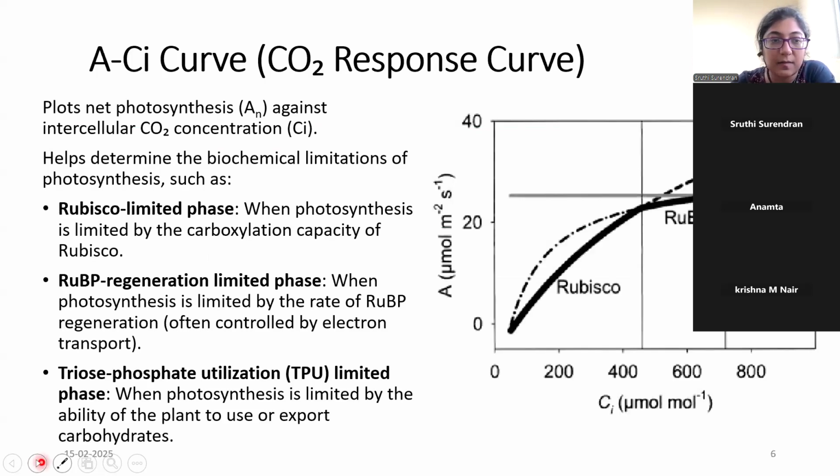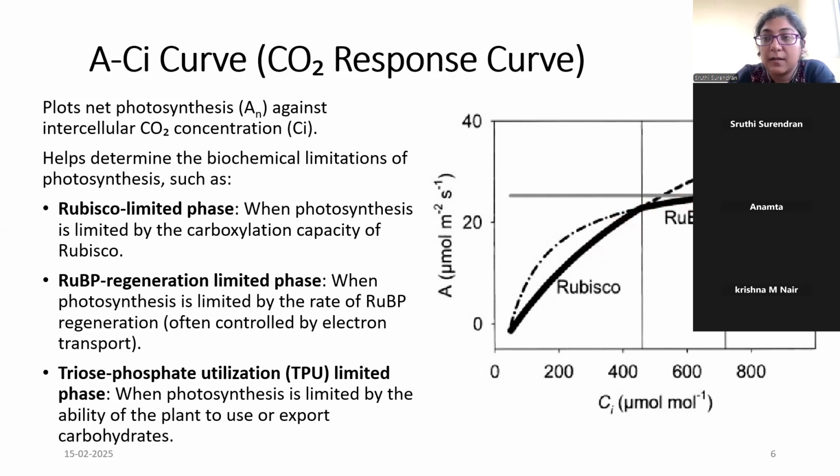Now in the ACI curve, we saw that there are three phases. The first phase is the sloping phase, that is determined by the activity of rubisco that helps in the carboxylation reaction. Then the second phase, a slightly less sloped portion, the transition from the sloping portion to the asymptote, gives us an idea about how fast RuBP is being regenerated.